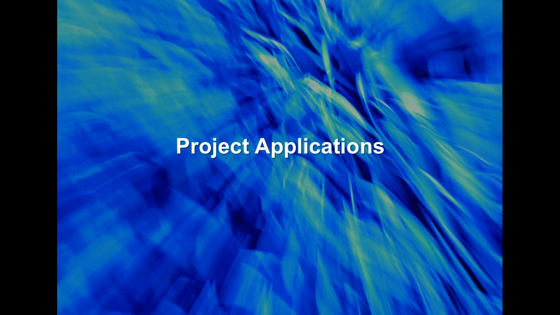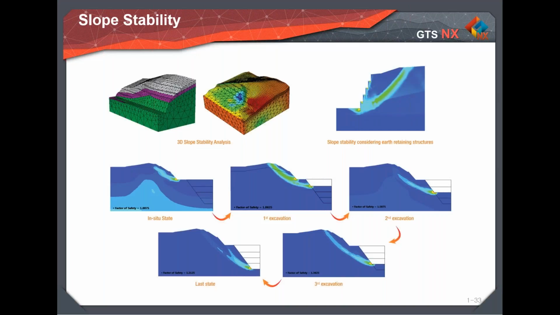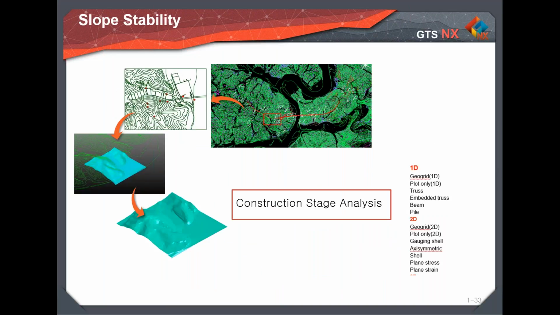So project applications, slope stability. 2D, 3D, axisymmetric, any kind of problem with construction stage or without construction stage can be handled in the program. A few tools become very important when you talk about slope stability, like the TGM, terrain geometry maker.